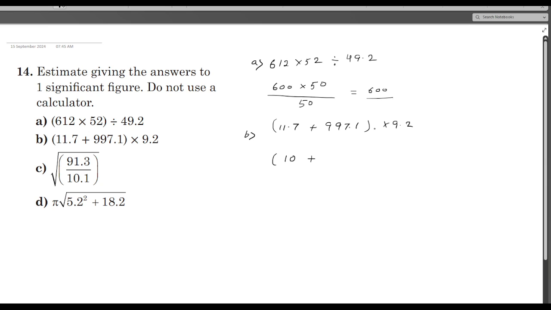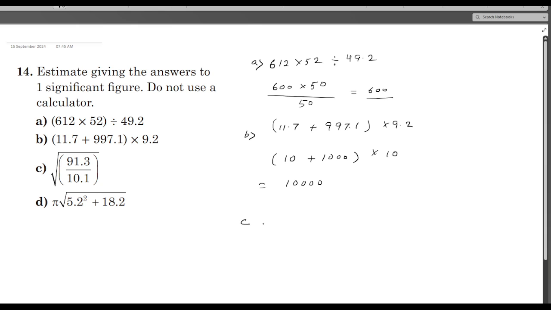This 997.1 will be approximated as 1000, and this 9.2 is approximated as 10. So your result is 1010 into 10, and I have to write my answer up to one significant figure, so it will be 10000, 10,000.